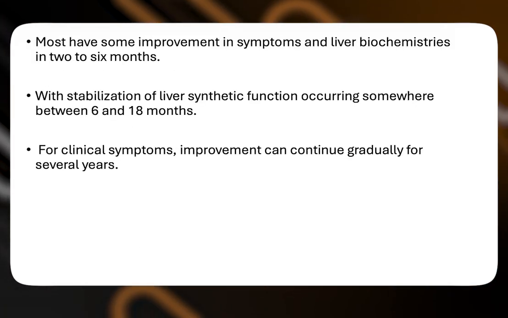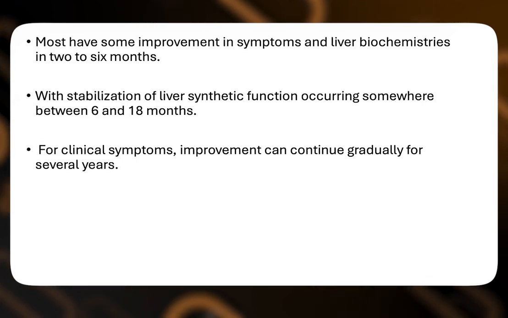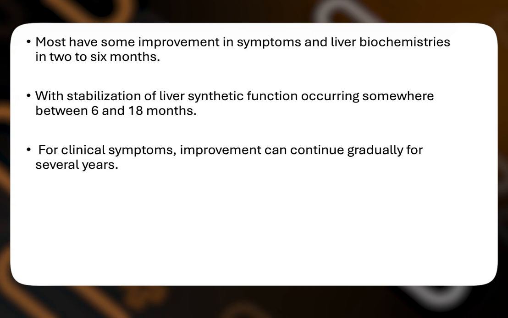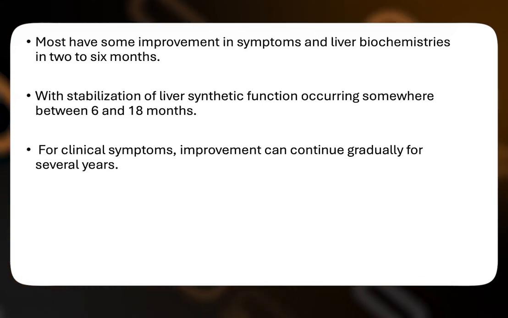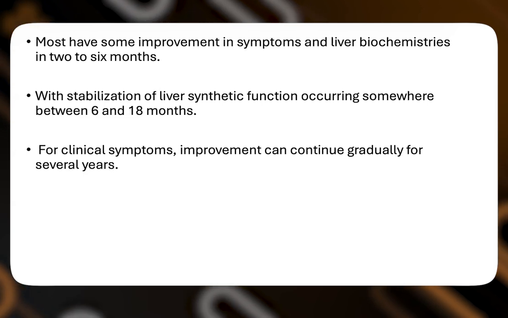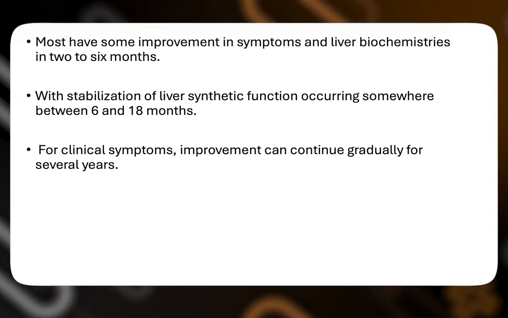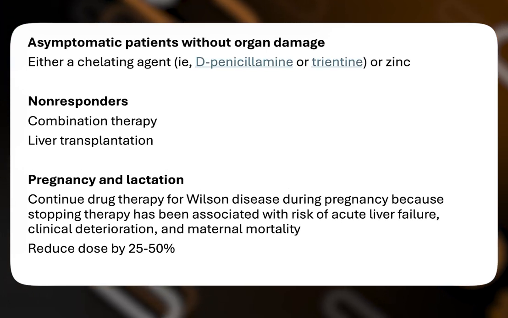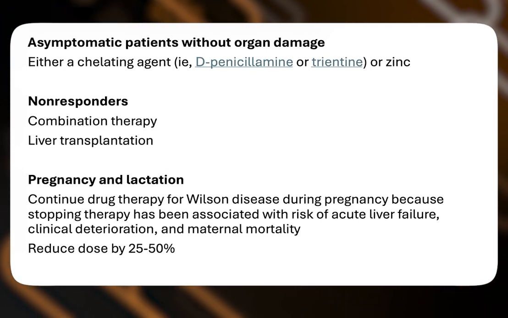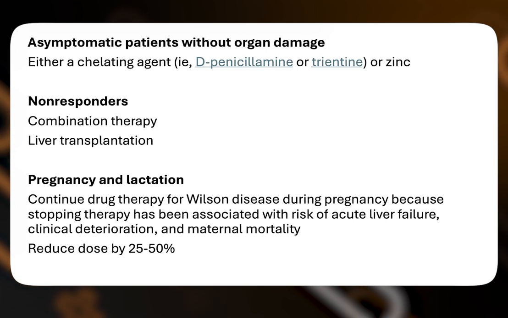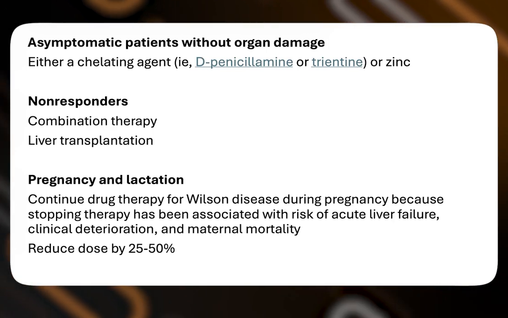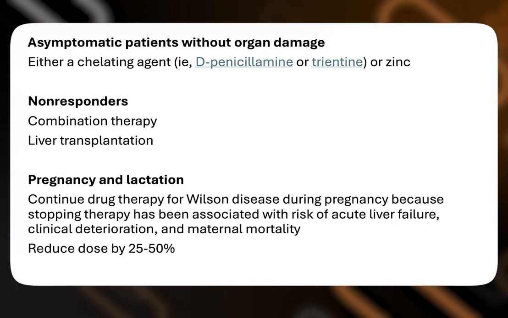Once you initiate the treatment, most have some improvement within 2 to 6 months in the symptoms and their biochemistry. Then they get stabilized over the next 2 years, and the recovery slowly continues gradually over several years. Even if the patient is asymptomatic without organ damage, you can choose either D-penicillamine or trientine or zinc.